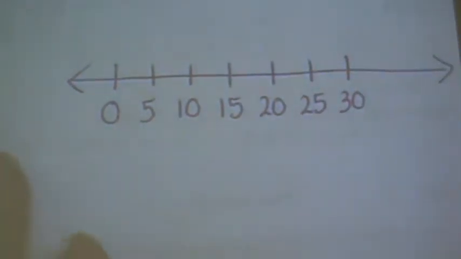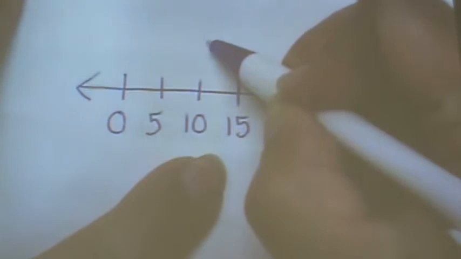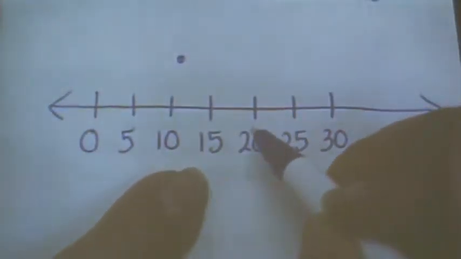Okay, there's our number line. Now, what you want to first plot is your smallest number, which is 11. It's your lowest number. Your highest number is 20.